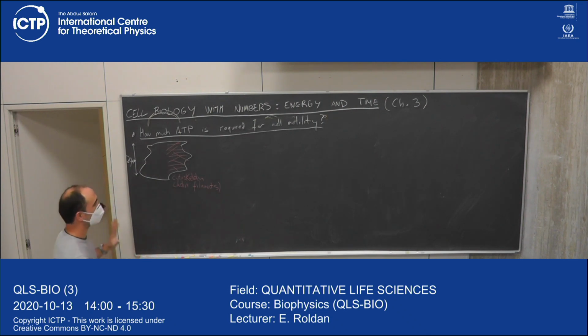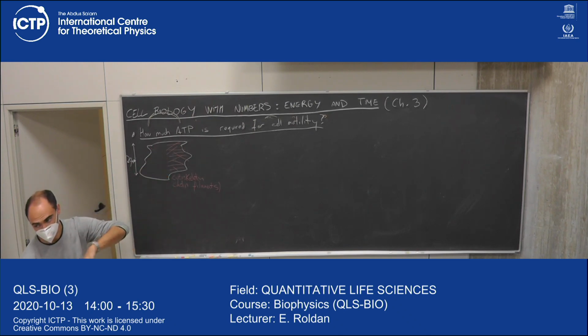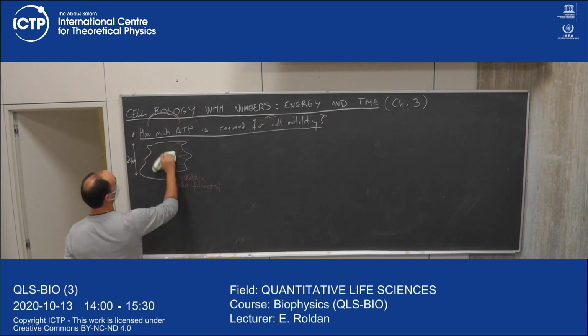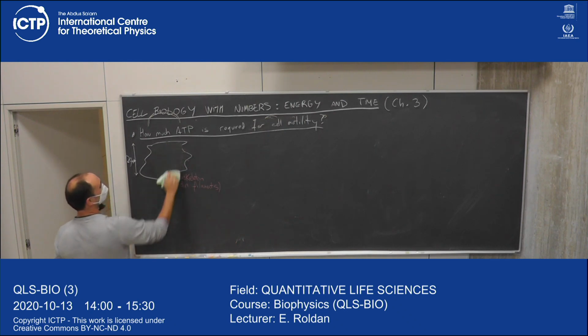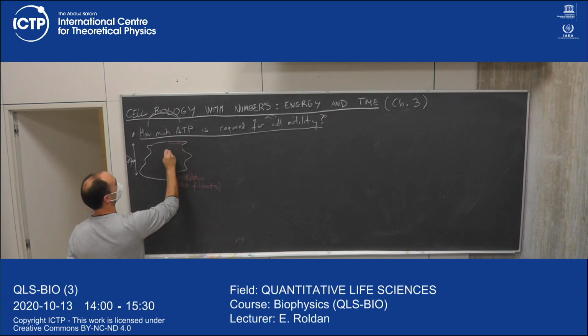So I will do an approximation here. I'd say, okay, of course the cytoskeleton is like a mesh, a network of filaments. They are all moving. I mean, it's not so regular as what I will do now. But the approximation I will do is that I will assume that there is one side of the cell growing in a way that the filaments are all pointing in the same direction. This is a very crude approximation, okay?